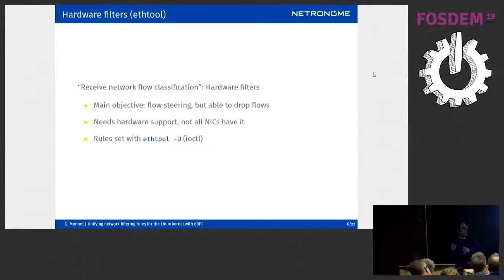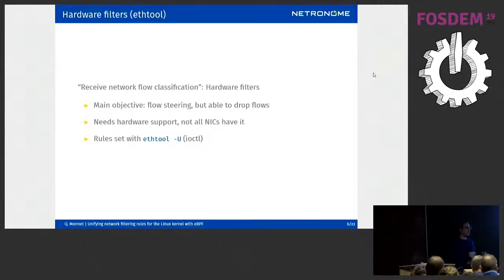Another thing that I have available on Linux is ethtool to set up things on the hardware directly. So there is a feature called receive network flow classification, which is actually some kind of hardware filters for the NICs that support this feature. I can directly set up some filters on the NICs themselves. So that's yet another thing that I can do.